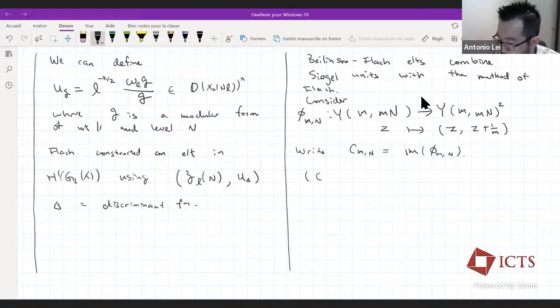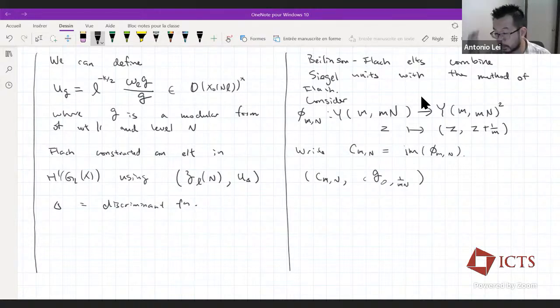And similar to what Flach did, I look at this variety, I look at a function on this subvariety. And the function that I use will be the Siegel units that I discussed earlier in the construction of Beilinson-Kato elements.